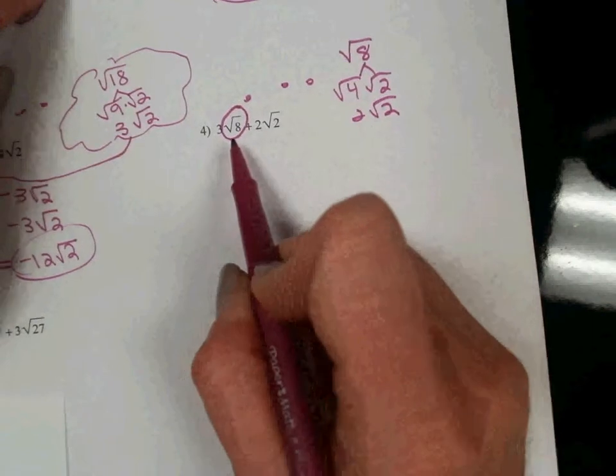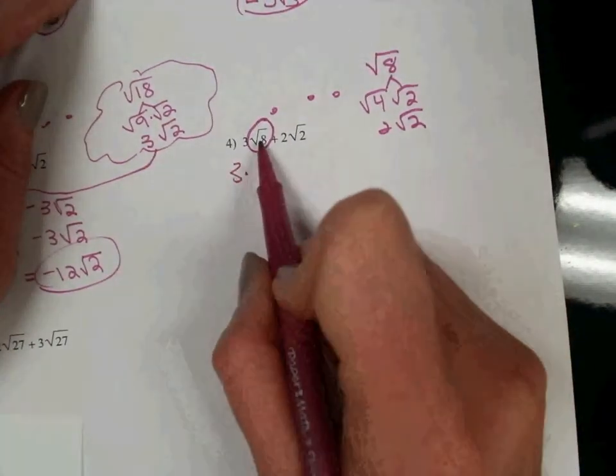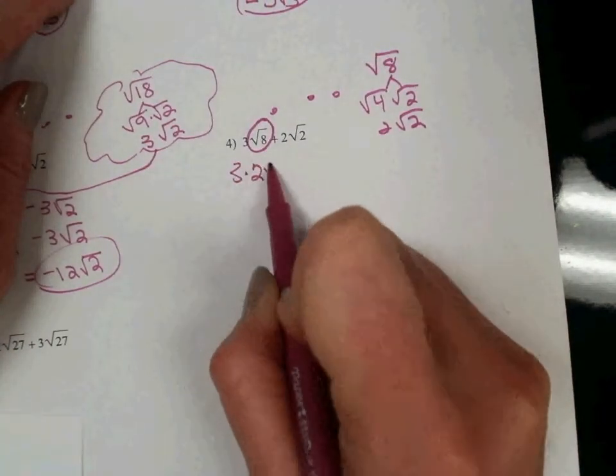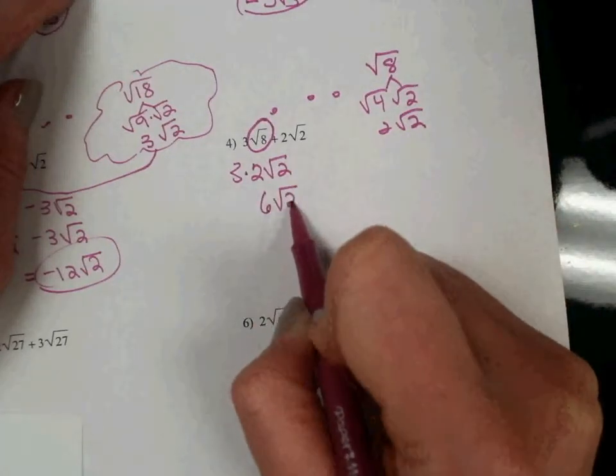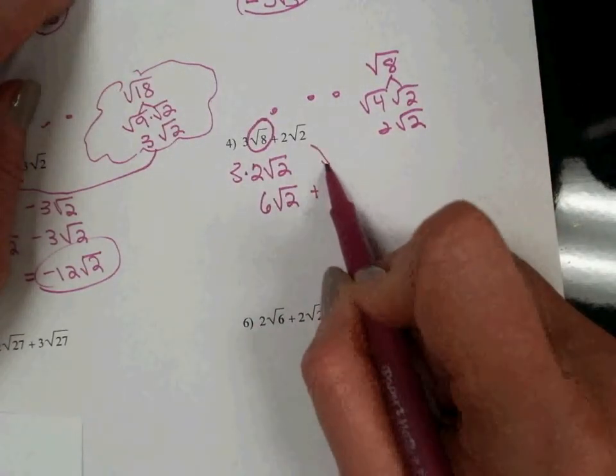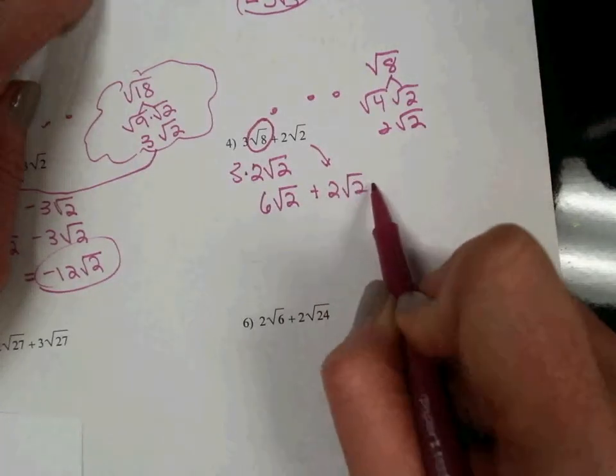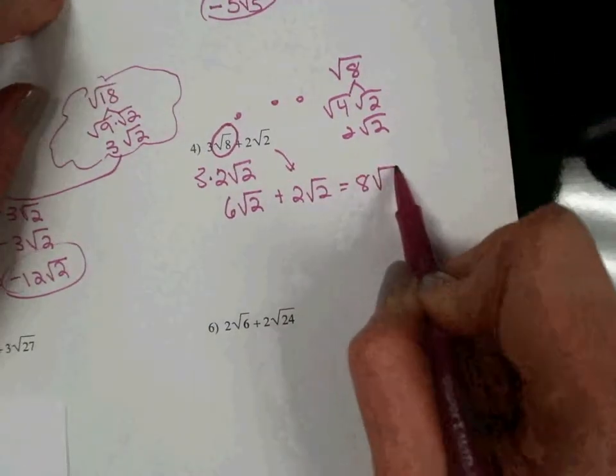So I can rewrite this first term as 3 times, replacing the radical 8 with 2 radical 2, which then becomes 6 radical 2 plus 2 radical 2 equals 8 radical 2.